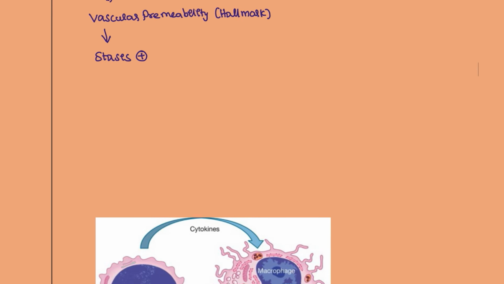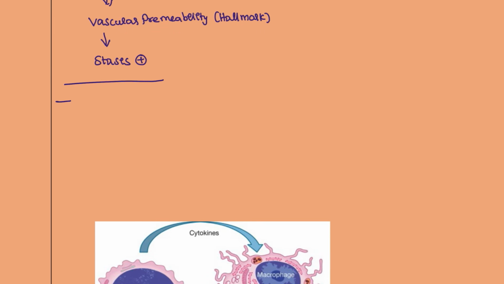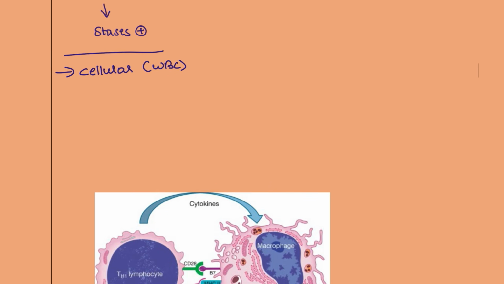Next, followed by the cellular events. The most important cell is the WBC. This WBC has to act. So what is the first event? Followed by the vascular events, there is margination.